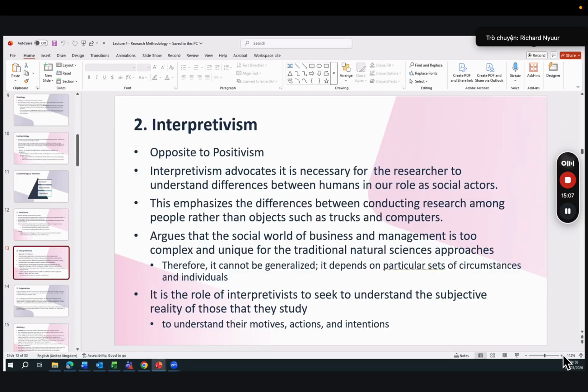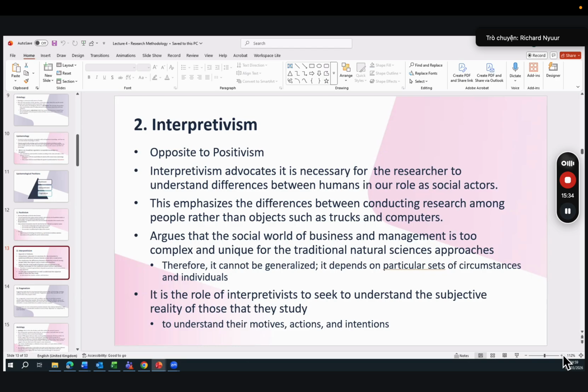interpretivism is the opposite, okay, where the researcher plays an important role. It's a bridge in between the social actors. It emphasizes the differences between conducting research among people rather than objects or issues.